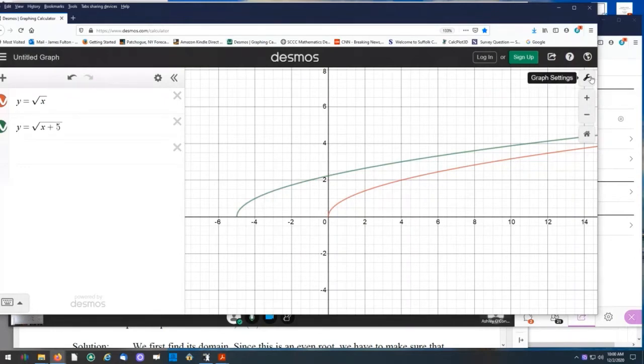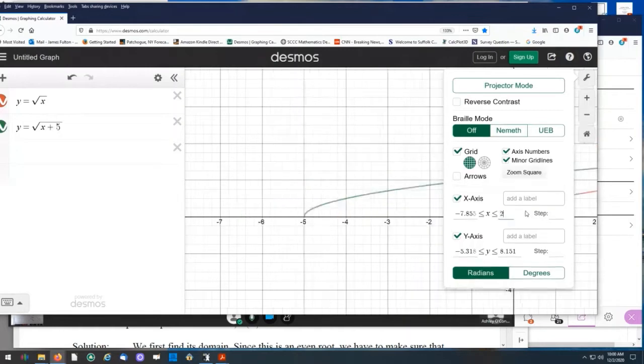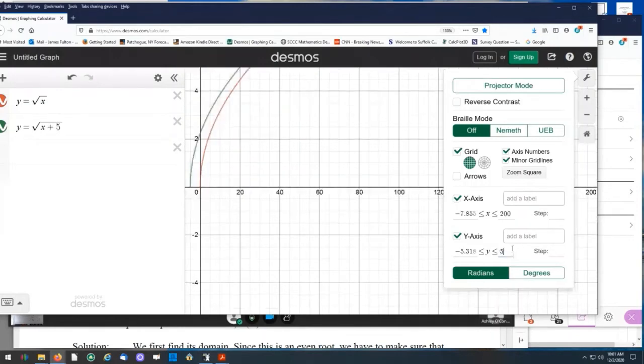But let's take a look and we'll change our settings over here. Let's make the x-axis go up to, say, 200, and then the y-axis let that go up to, say, 50.